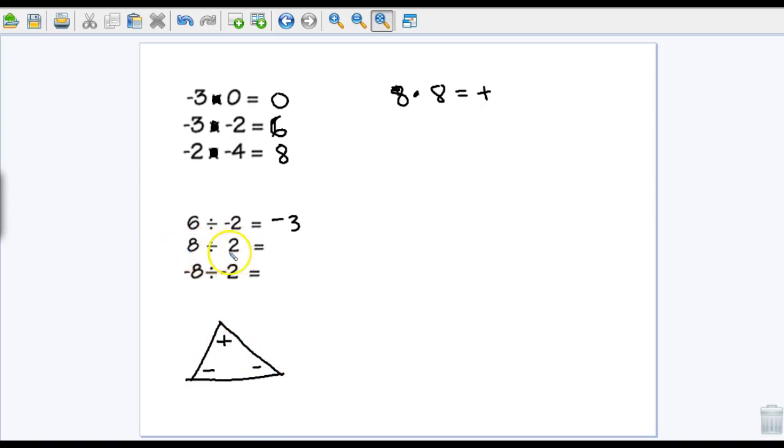We just know that a positive divided by a positive stays positive. So 8 divided by 2 is going to be positive 4. But here I have 2 negatives, so I can cover up both my negatives. So a negative divided by a negative is also going to give me a positive. Negative 8 divided by negative 2 is still positive 4.